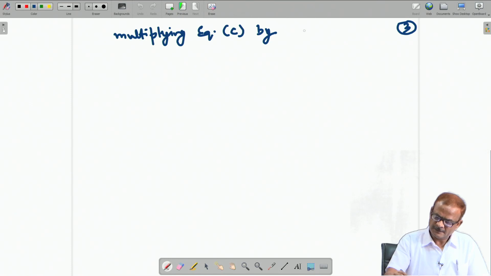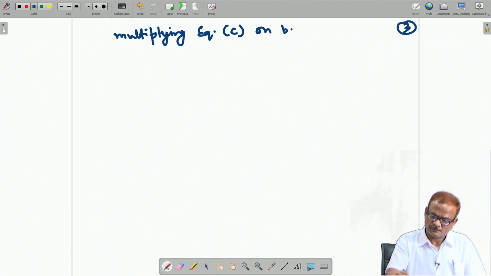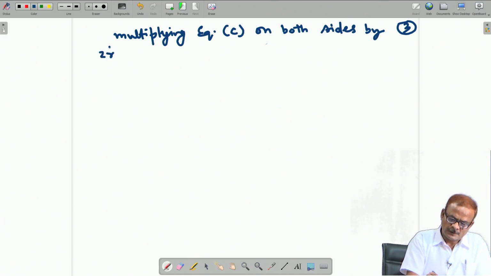So, multiplying equation C on both sides by 2 r dot.